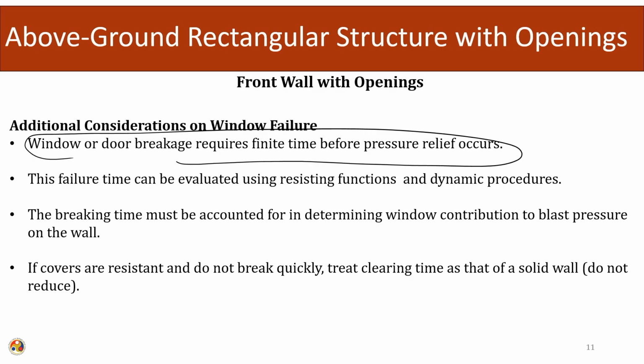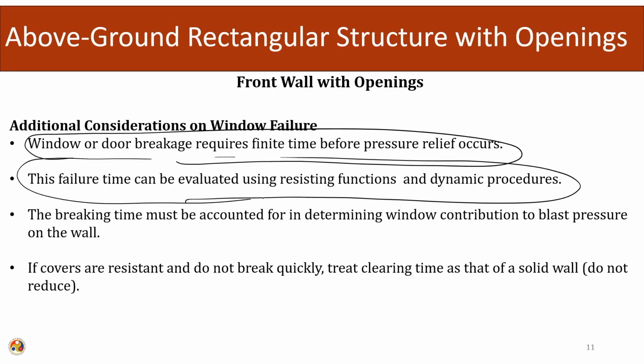This failure time can be evaluated using resisting functions and the dynamic procedures. The time required for the total failure to take place can be easily analyzed using the dynamic resistance of the structure and the effect of the dynamic load applied to it.